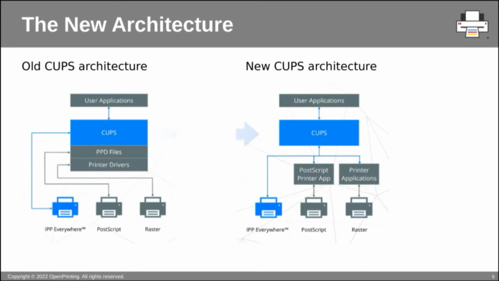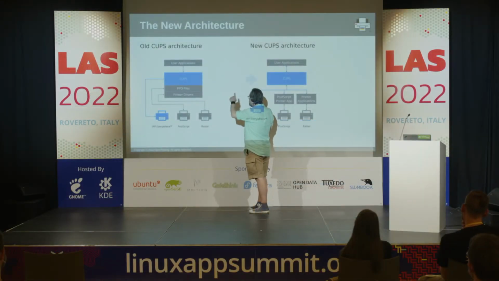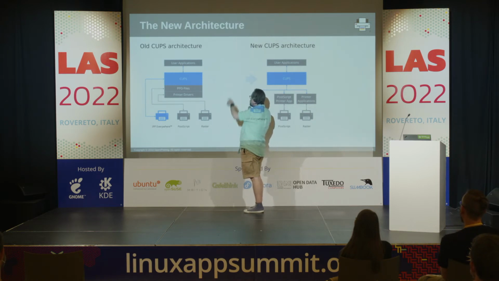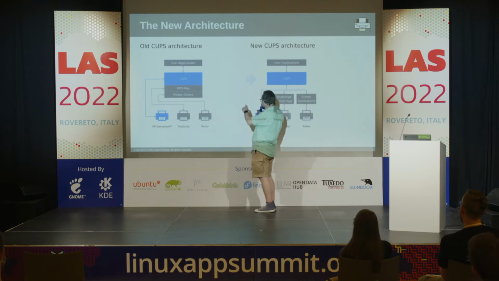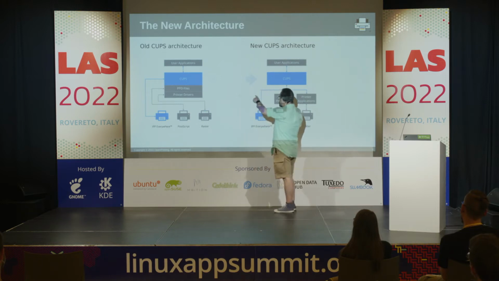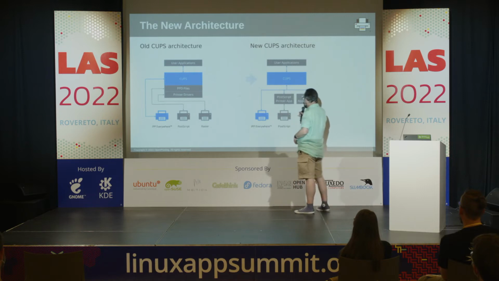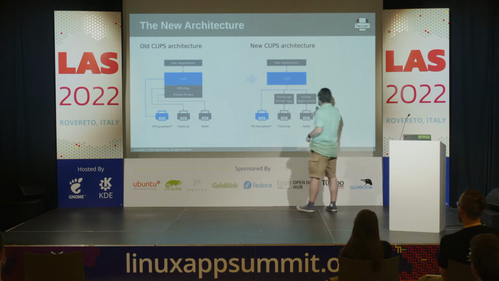And here are the schemes. This drawing is from Michael Sweet when he introduced CUPS 3.x at the last Linux Plumbers conference. The old way is you have a user application that sends a job to CUPS, and CUPS does the dirty work alone if the printer is driverless. It uses only a PPD file if the printer is PostScript, and it uses a PPD file and printer driver if the printer is non-driverless, non-PostScript.